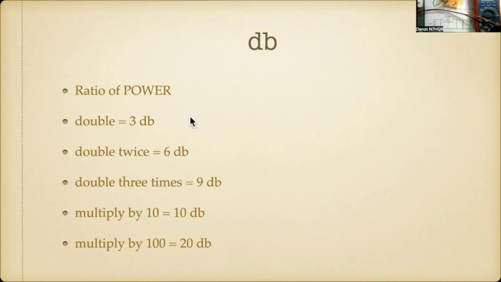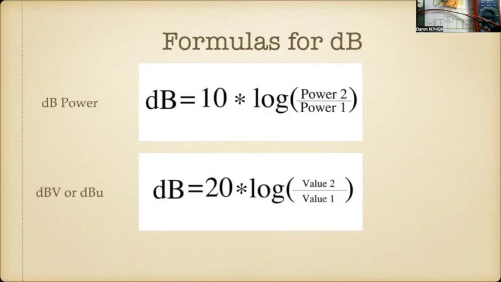And they're two different things. The power one is dB equals 10 times the log of power 1 over power 2. The second one, which is for voltage, is 20 times the log of value 2 over value 1.